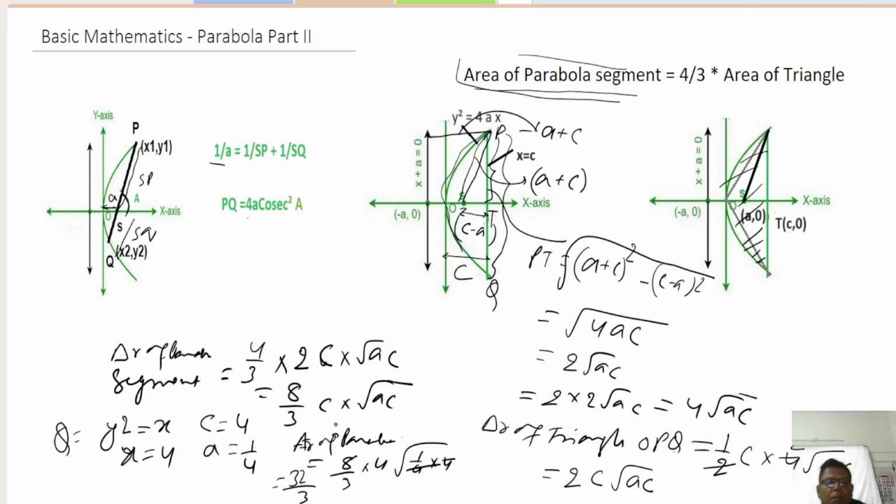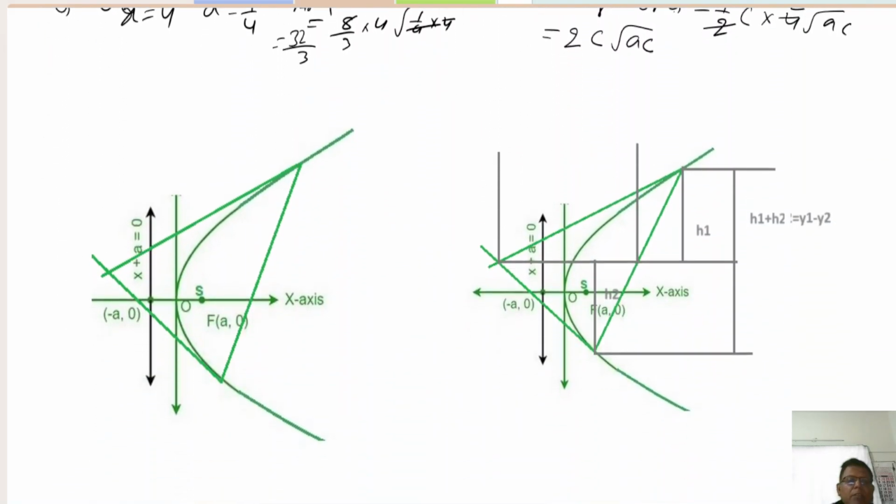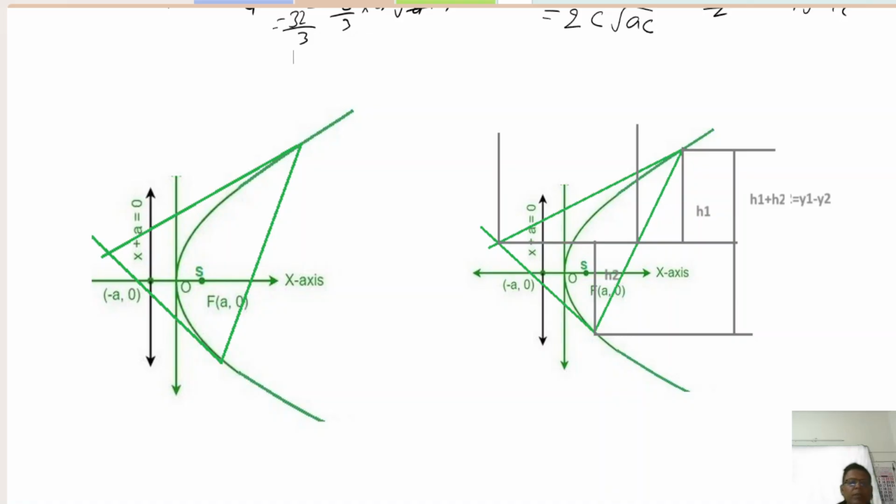So this is the answer. Okay. Now come to the second part. Second part, this type of parabola segment.